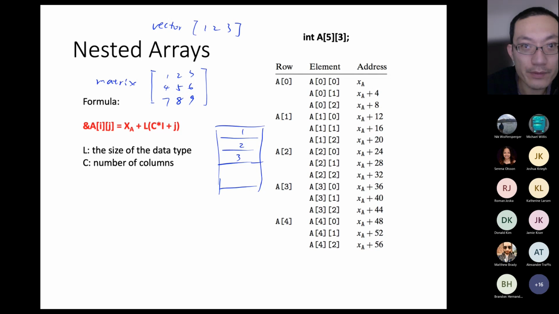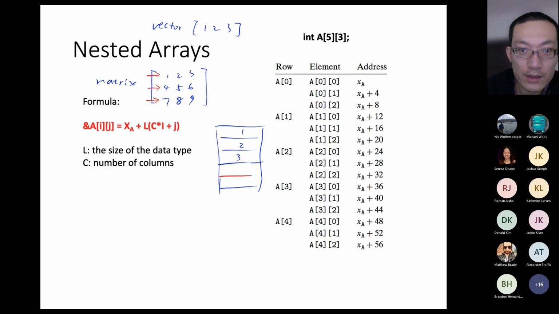What we do is store the matrix row by row, and by this way we convert the two-dimensional matrix and fit it into one-dimensional memory.